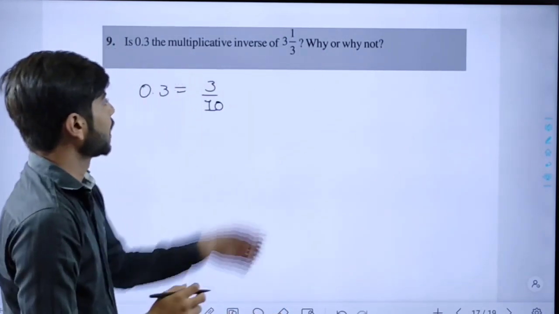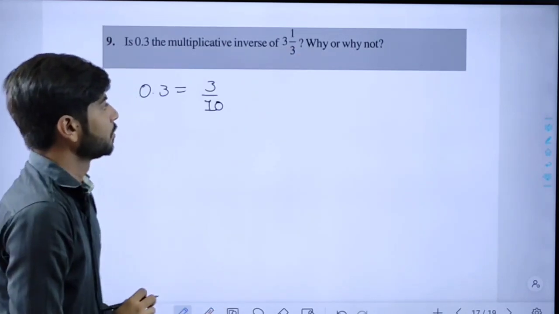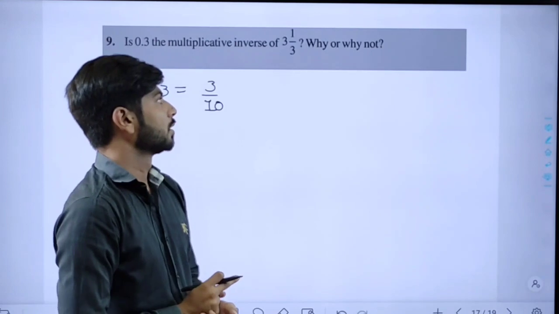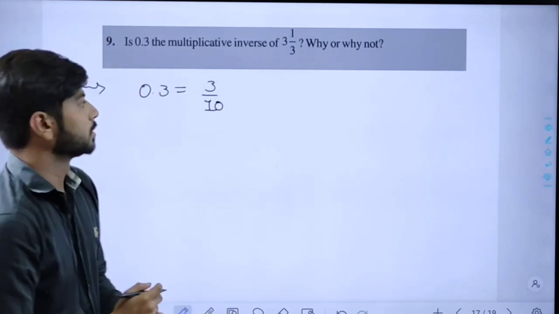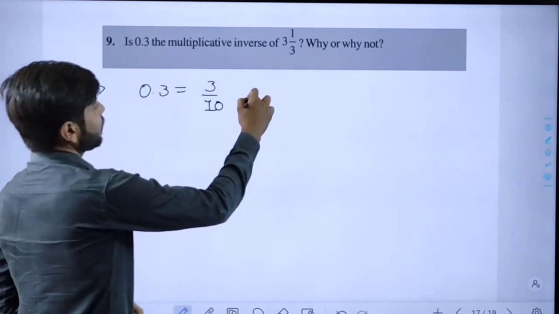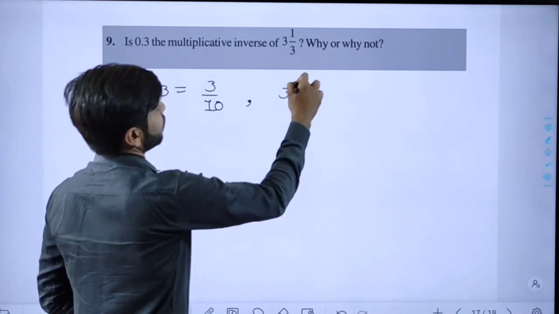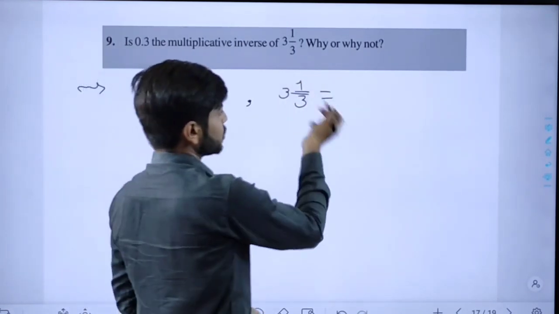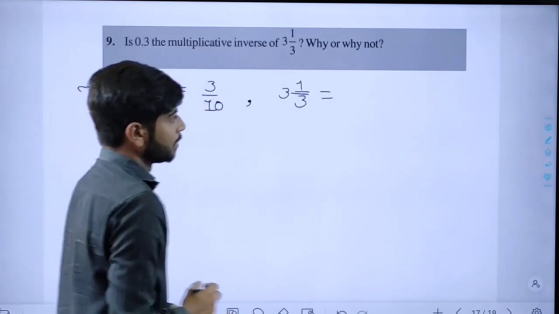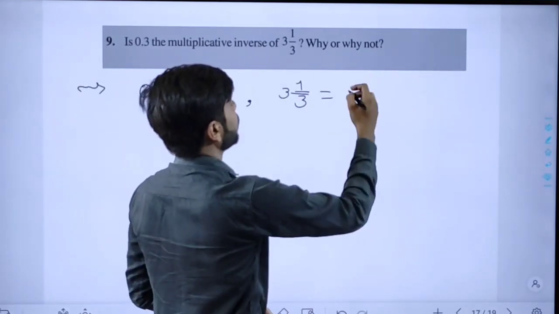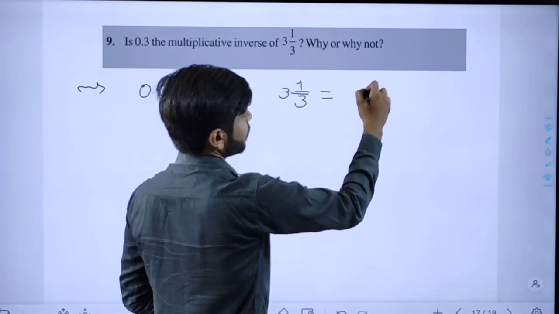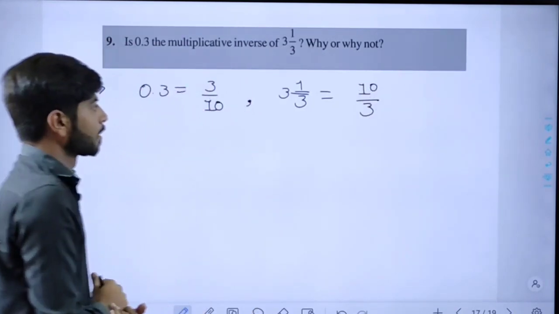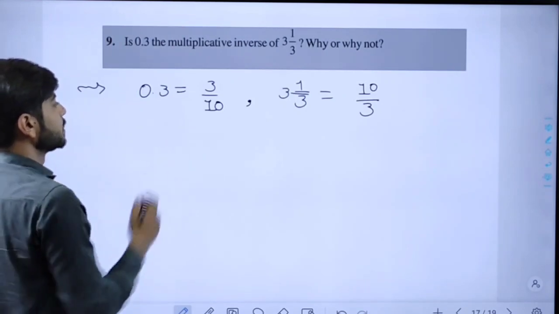If we multiply this with this 3, 1 upon 3, if we get 1 as the answer, it will be multiplicative inverse. 3, 1 upon 3 is equal to, first of all we will change it to the improper fraction. So 3 3s are 9 plus 1 10 upon 3. Okay, now multiply these two numbers.